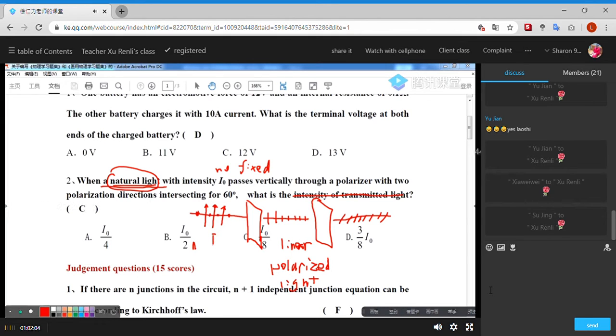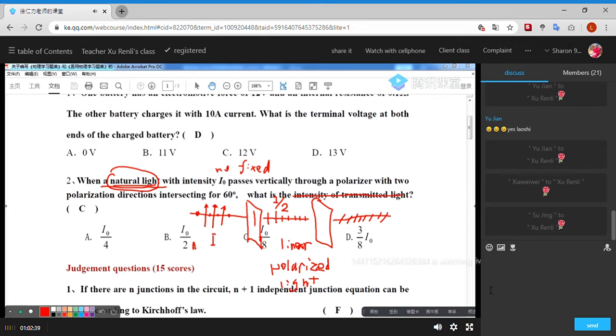So if the intensity is I, it becomes half of I. Because natural light can be seen as two linearly polarized lights.